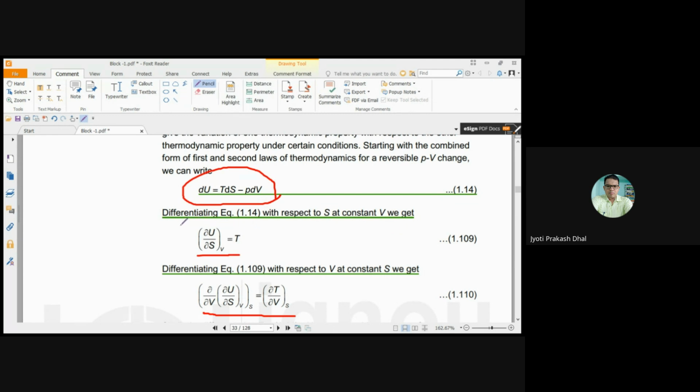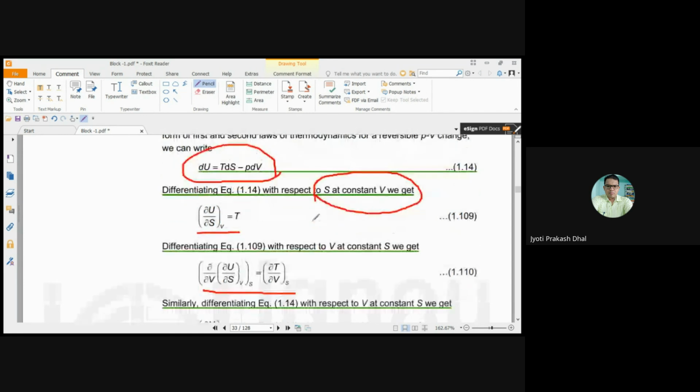Now if we take the differentiation of this equation with respect to S at constant volume V, we can write del U by del S at constant volume V equals T. Because we are taking the volume as constant, this term will become 0, and as we are differentiating with respect to entropy, the right hand term will become only T, and hence this is the differential form of equation 1.14.